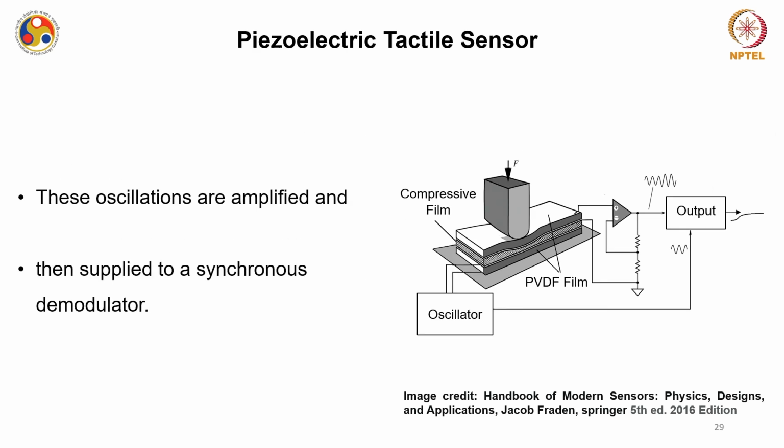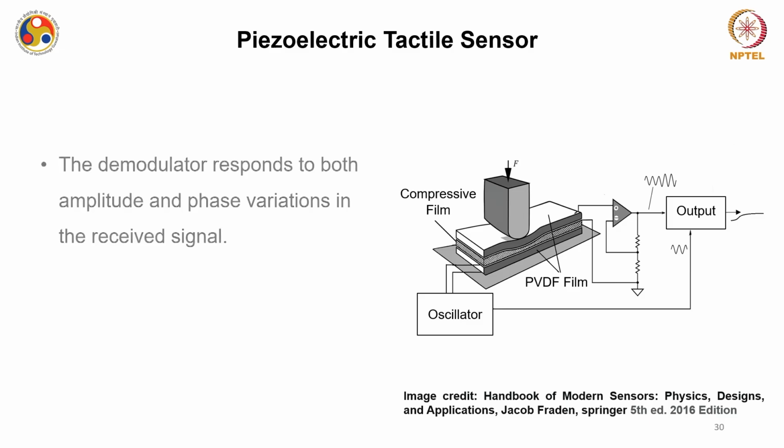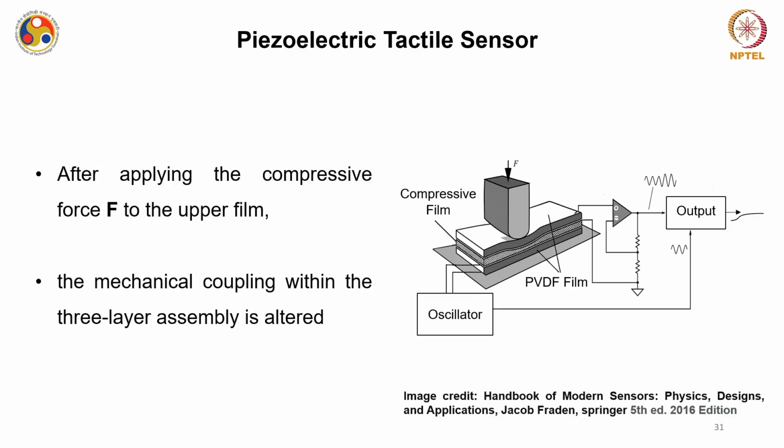These oscillations are amplified, and then supplied to a demodulator which is synchronous in nature. The demodulator responds to both the amplitude and phase variation of the received signal. Now, after applying a compressive force F to the top film, the mechanical coupling within the 3-layer assembly is altered.